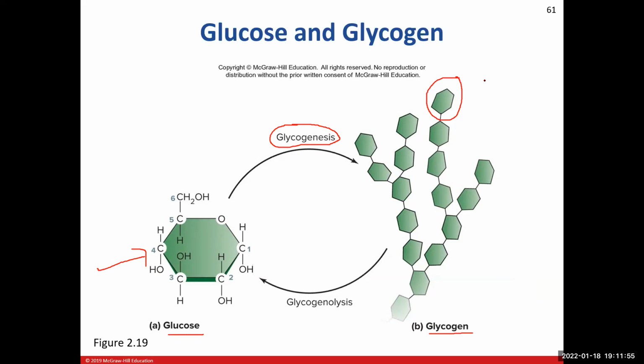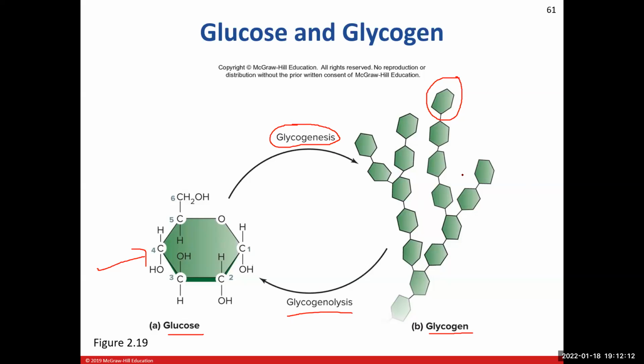Now, when you need energy, and you don't have food to get that energy from immediately, what your body will do is the liver will undergo what we call glycogenolysis.